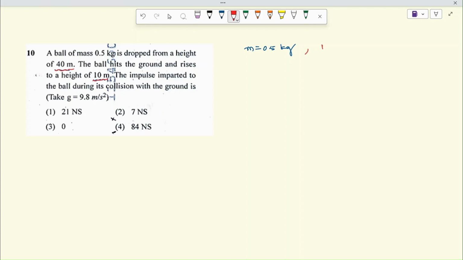Impulse is nothing but force into the time interval, which is also equal to change in momentum. We have to take directions into account here. While coming down, what is the velocity it reaches at the ground? It is root of 2gh, which means 2 into g, taken as 9.8, into h1 which is 40 meter.